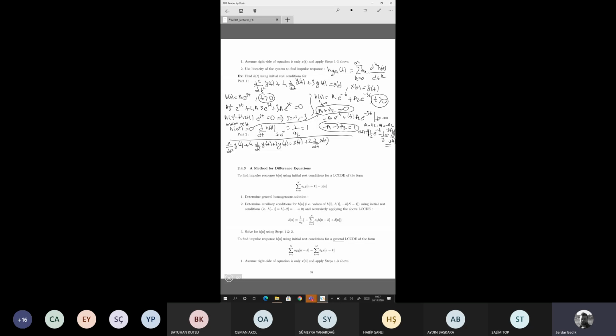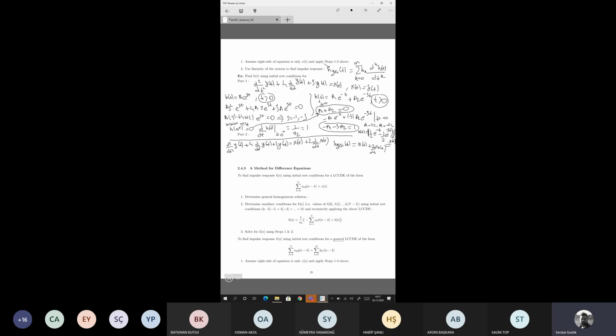By using the linearity property, I know that the general solution is nothing but, let's write h_gen of t, it's nothing but h of t plus 2 d by dt h of t.